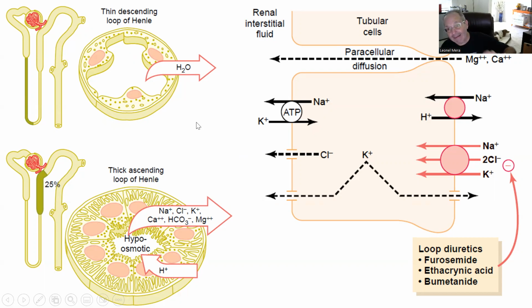Now, the most important physiological difference between these two portions is that the descending limb is specialized on reabsorbing water, nothing else, just water, while the ascending limb is specialized on actively reabsorbing ions such as sodium, chloride, potassium, calcium, etc. And super importantly, no reabsorption of water at all. There's no passage of water through the thick ascending limb.